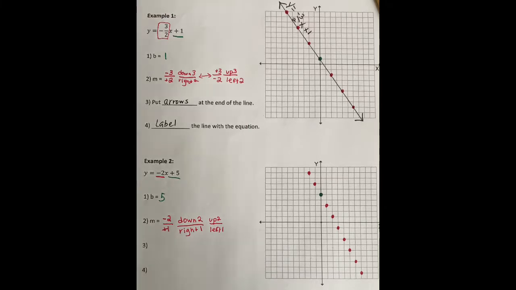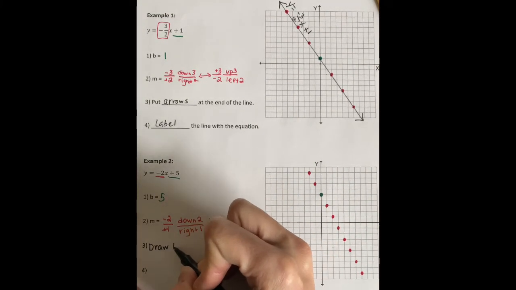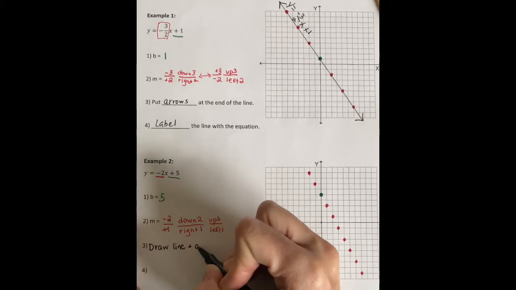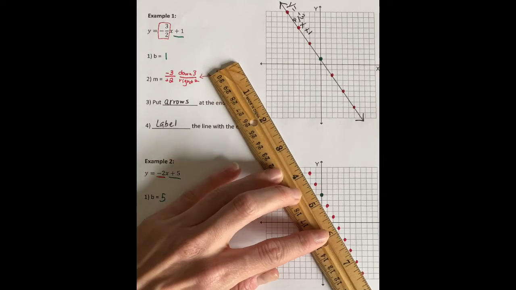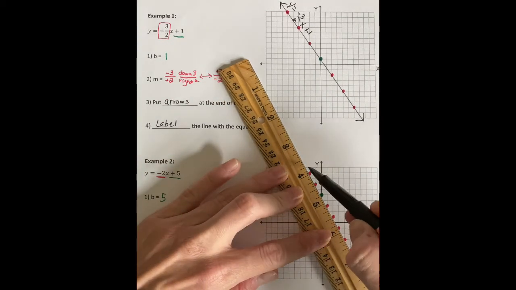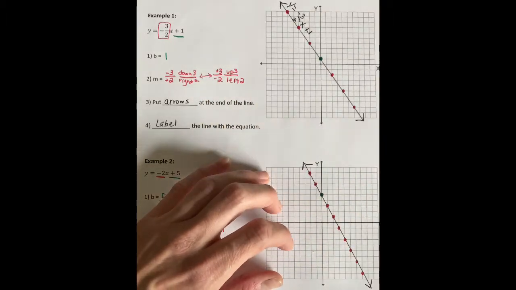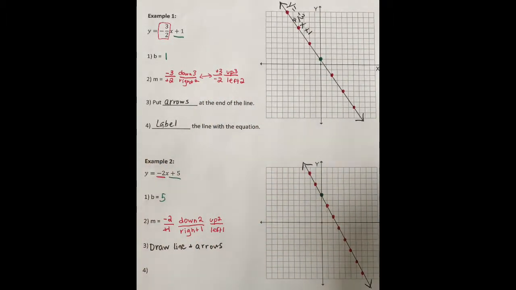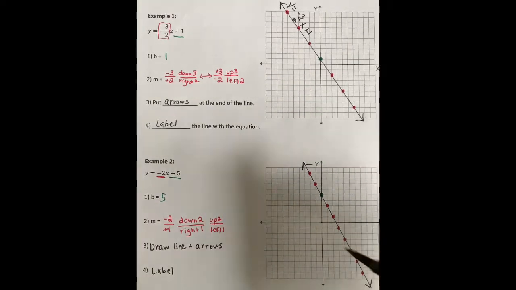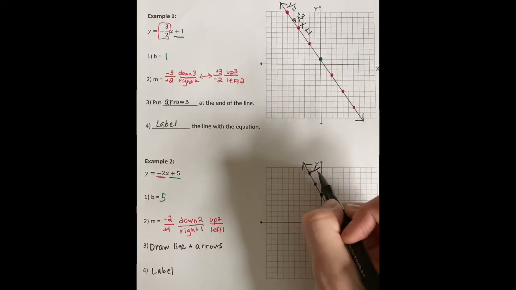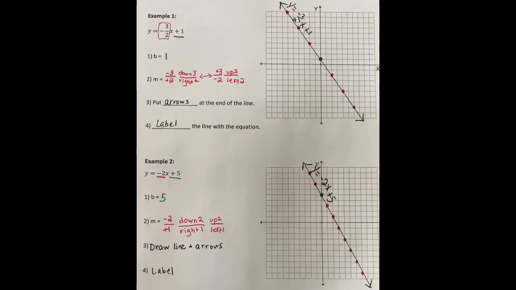Finally, I have all my points plotted, so I need to draw the line and make sure I have my arrows. So I'm going to take my straight edge, draw my line, and make sure I have my arrows at the end. And then last step, finally, I'm going to label the line with the equation. So I need to take that y equals negative 2x plus 5 and draw that on the line.